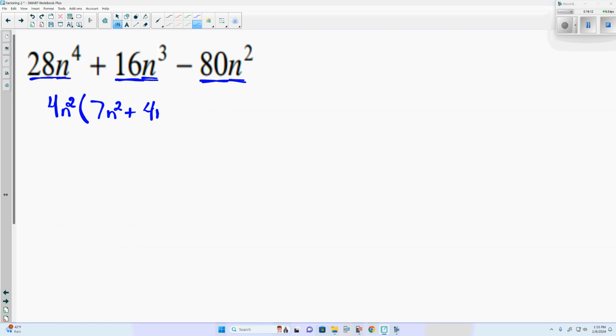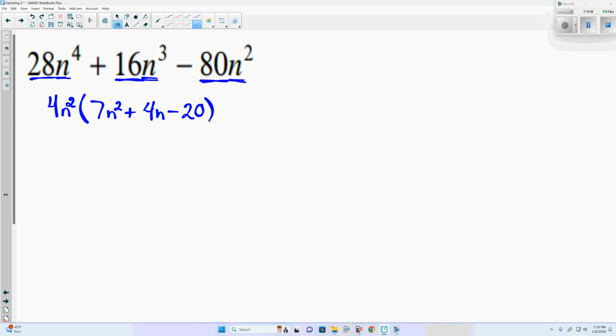And if we remove 2 n's from n to the third, we're left with n, minus our 80 divided by 4, which is 20, and the n squared factors out completely. So we can have variables also as a greatest common factor.